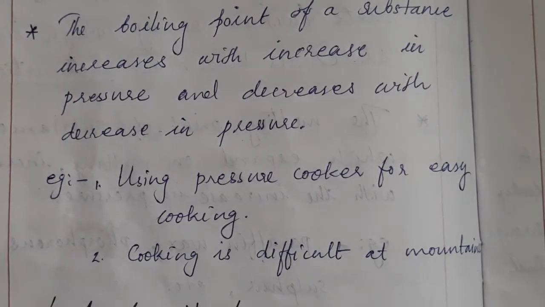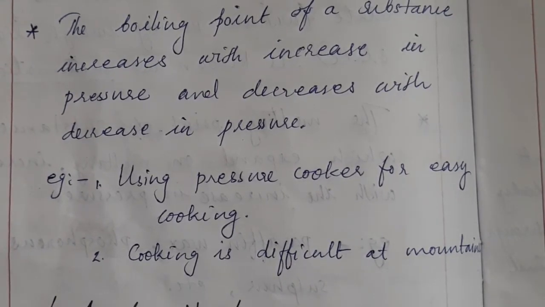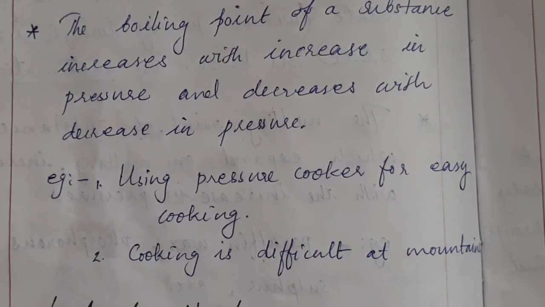Inside the pressure cooker, pressure will be high, so the boiling point of the substance increases and you can cook easily. And the same is the reason why it's very difficult to cook in mountains. Pressure will be lower there.